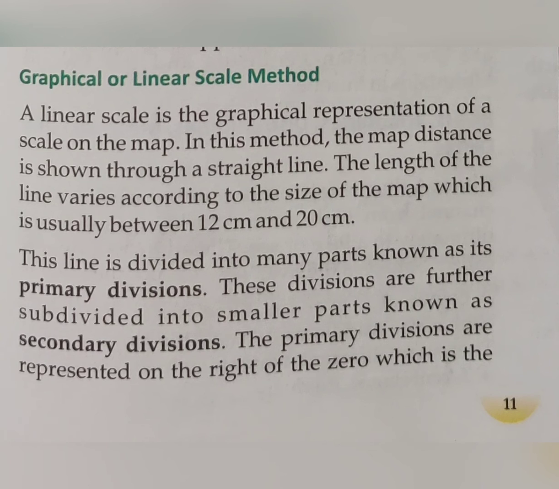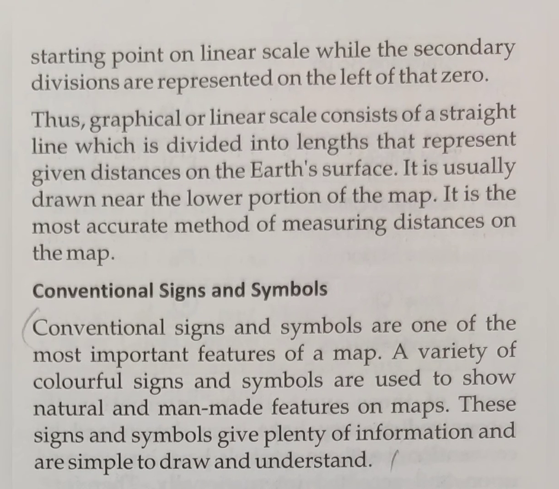These divisions are further subdivided into smaller parts known as secondary divisions. The primary divisions are represented on the right of the zero, which is the starting point on the linear scale, while the secondary divisions are represented on the left of that zero. Thus, a graphical or linear scale consists of a straight line which is divided into lengths that represent given distance on the earth's surface.